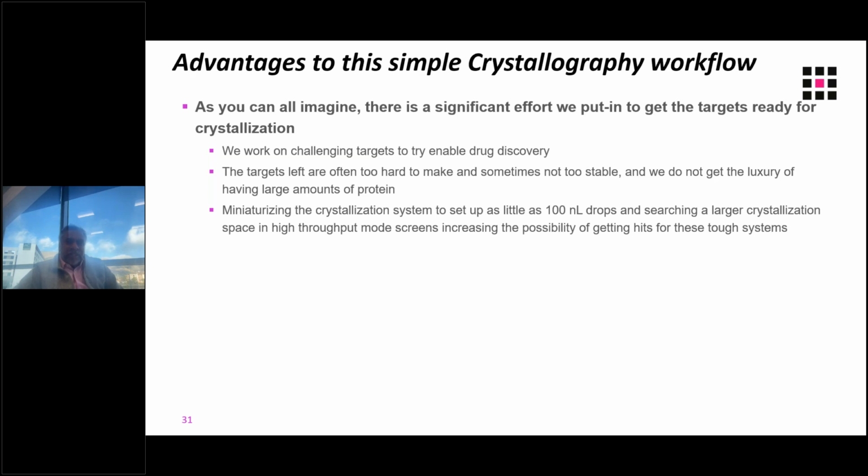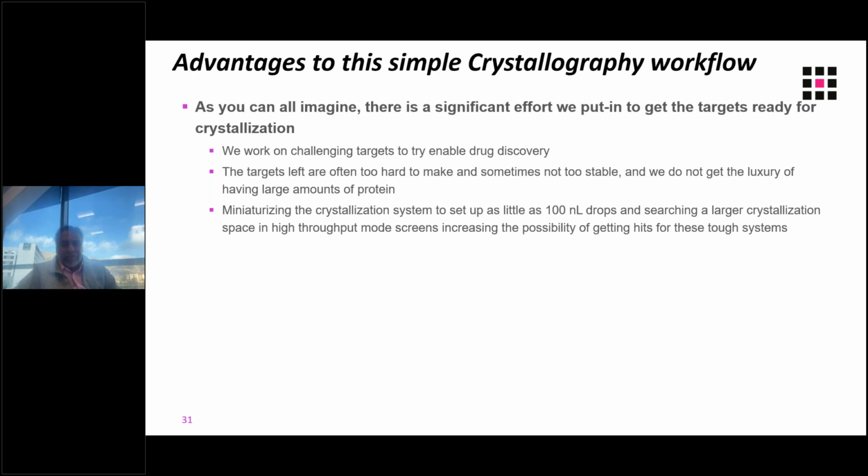So some of the advantages to this very simple crystallography workflow, as you can all imagine, we put in a lot of effort today to get these targets ready for crystallization. And among all the targets that are present out there, the ones that we are working on today have become even more challenging and tough to make. And so we don't often get easy to handle proteins anymore.